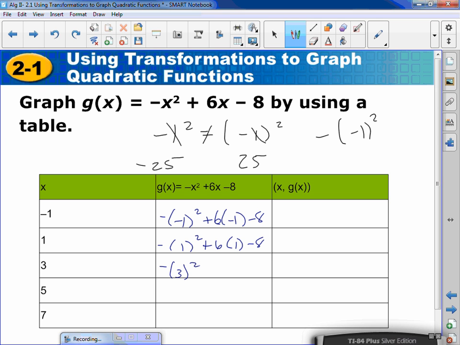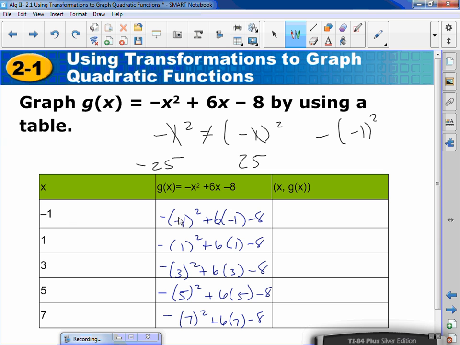Negative (3) squared plus 6 times (3) minus 8. Negative (5) squared plus 6 times (5) minus 8. And negative (7) squared plus 6 times (7) minus 8.